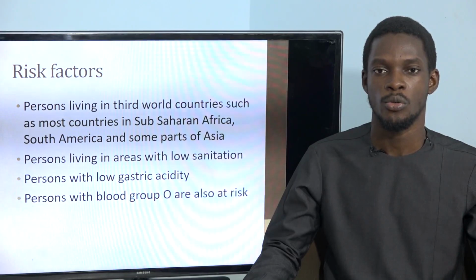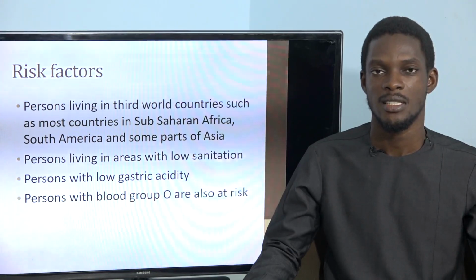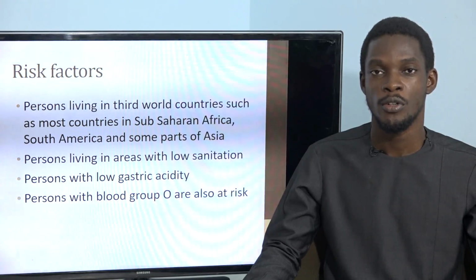Also, people with low gastric acidity, such as people abusing antacids or people who have genetically low proton pumps in their GIT, may be prone to cholera.